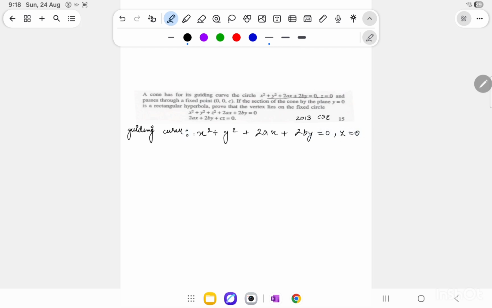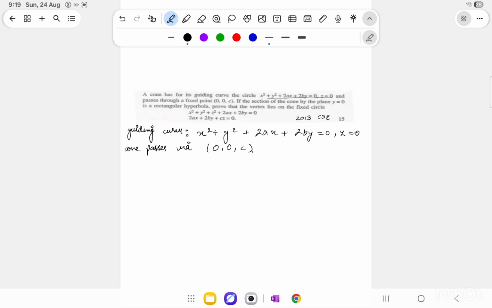So this is my guiding curve, and it passes through a fixed point. So the cone passes via 0, 0, c. Do not make the mistake of assuming this 0, 0, c as the vertex, because it has not been given specifically. It says that this is any arbitrary point via which the given cone passes.